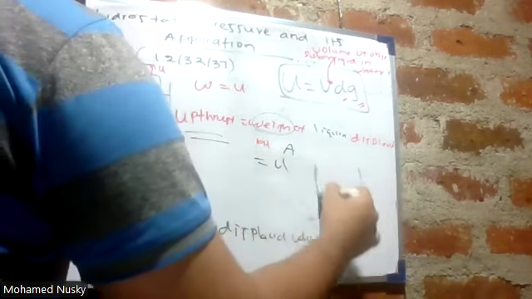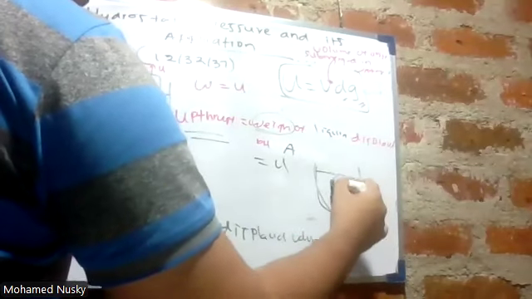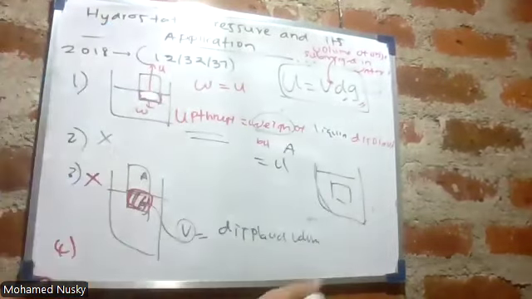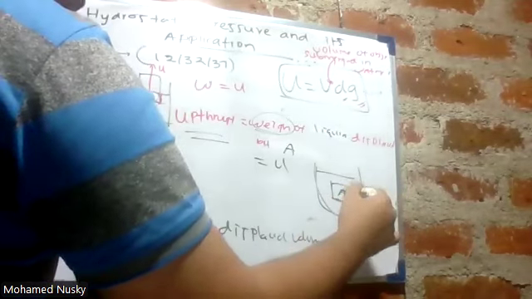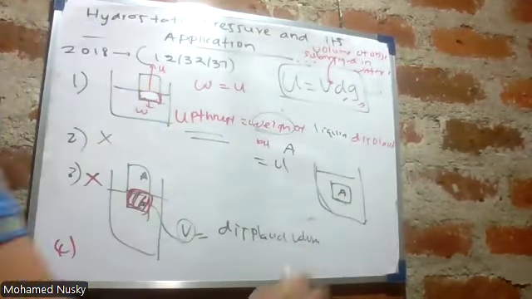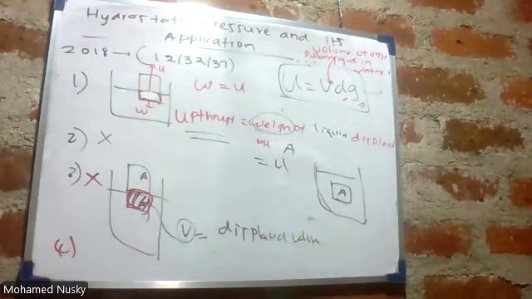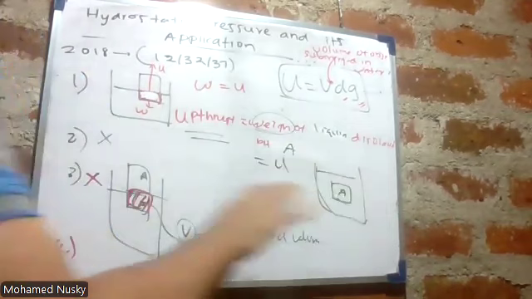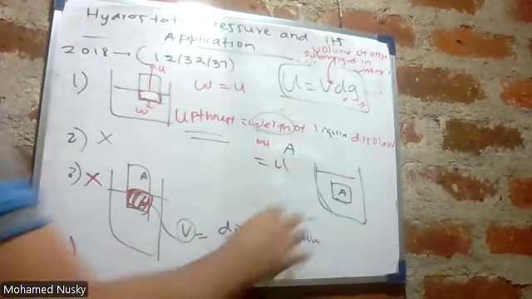Now, let me take this object here. It is fully immersed in water, and it stays at this position. This A is fully immersed and it remains at rest in the middle, inside the water.